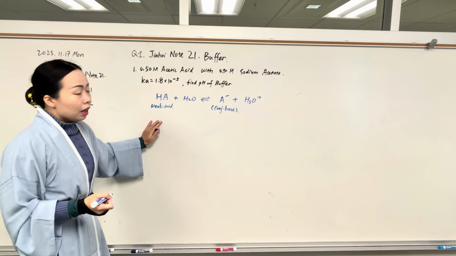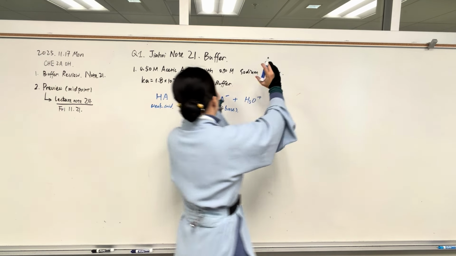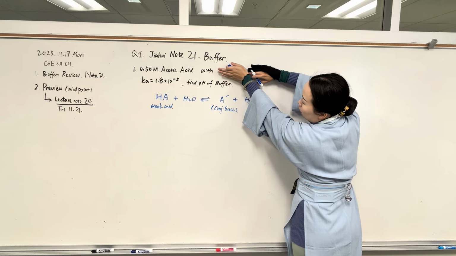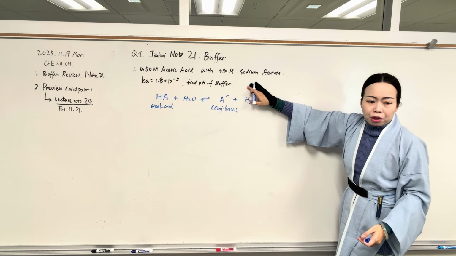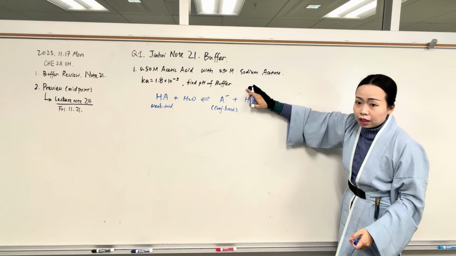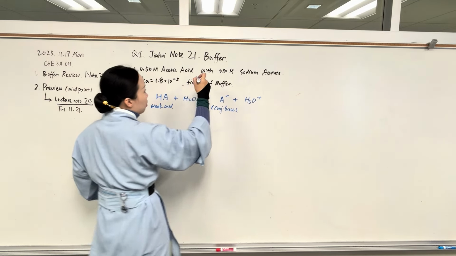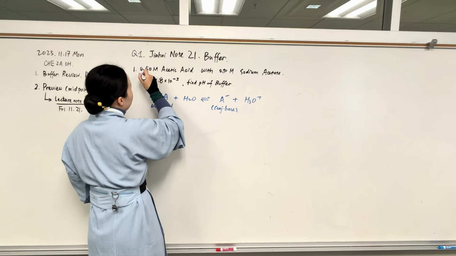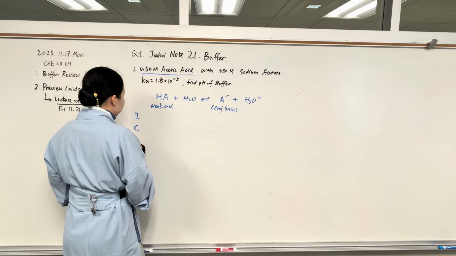Before chapter 8, in chapter 7, we don't have this. We only have this, then you do Ka for this. Now, with chapter 8, we're going to be adding a second species. Let's do what is chapter 7: just the blue, acetic acid, ice table.